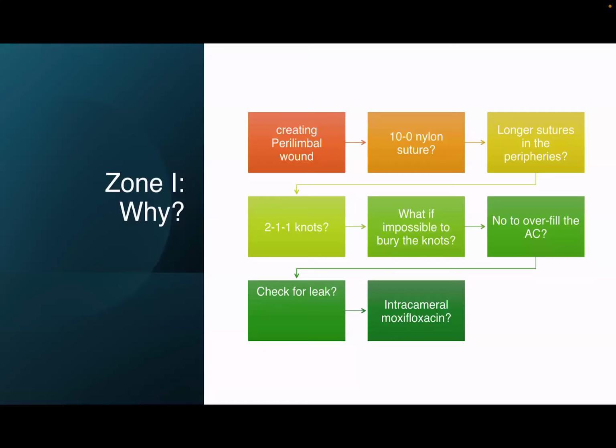If it's not possible to bury the knots, what will we do? Sometimes it's impossible. We try our best to bury the knot because it's really harmful post-op and can cause scarring in the cornea. So we have to try our best from side to side, but sometimes it's very hard to bury it because of the corneal edema caused by the injury itself.